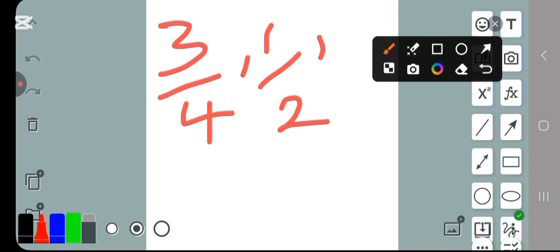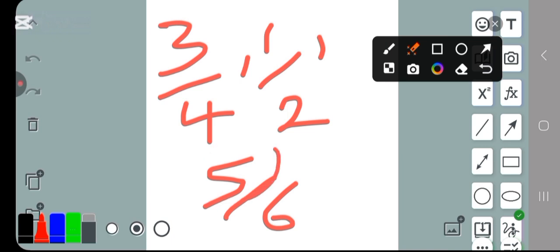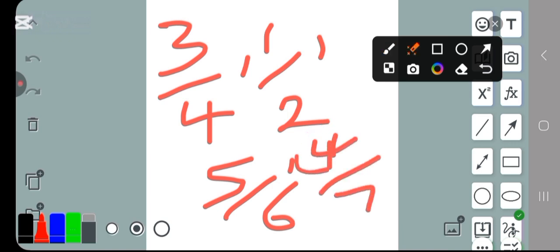Another example of proper fraction, we have 5/6. 5 is the numerator, smaller than the denominator. Another proper fraction we have is 4/7. 4 is the numerator, smaller than the denominator, 7. And many more.